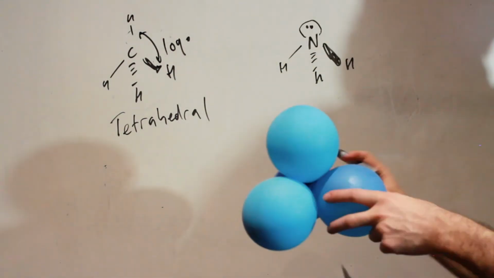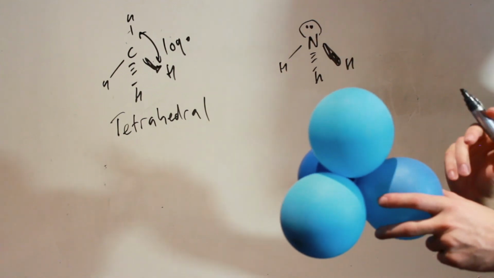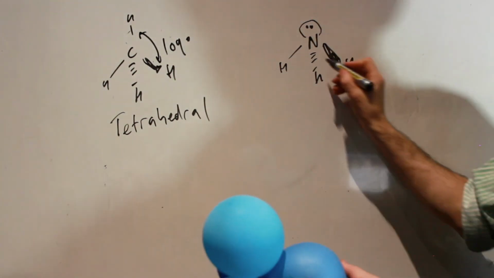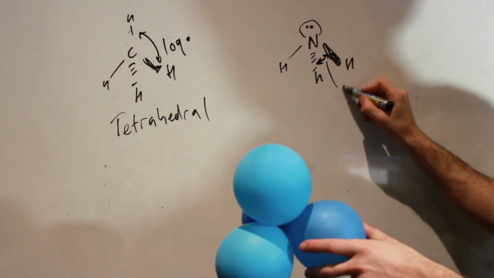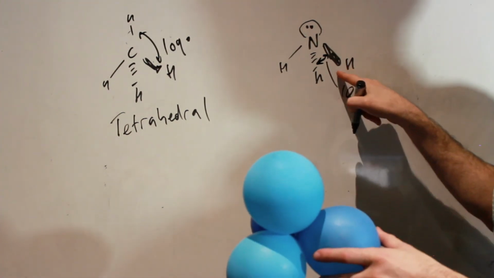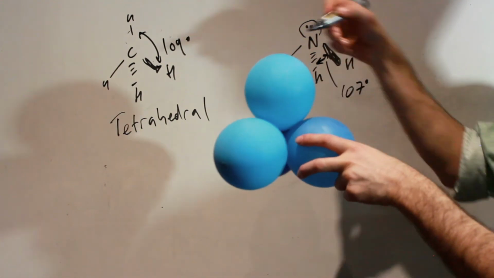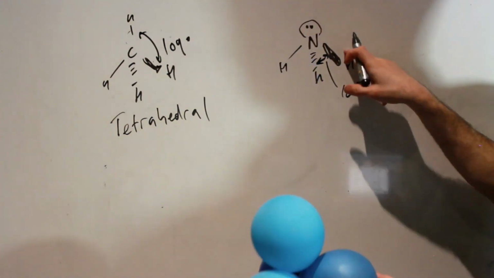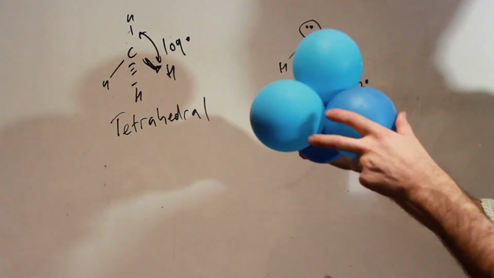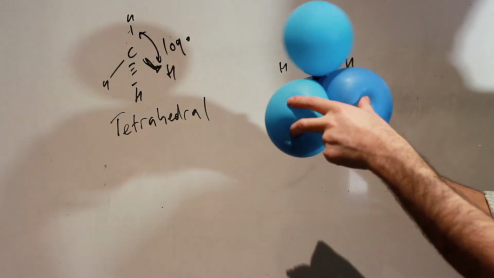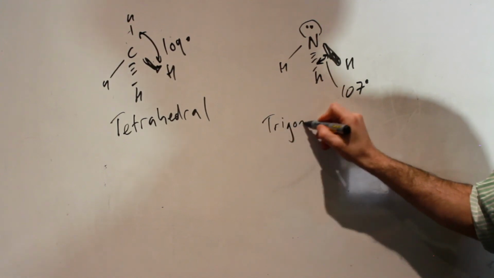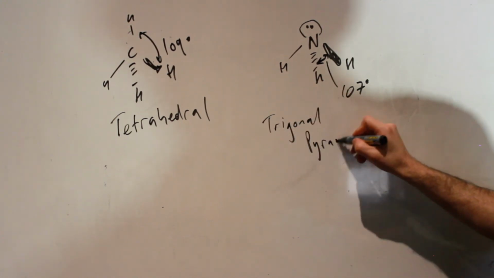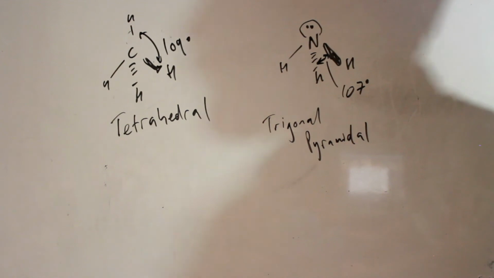So I can draw a bit of a cloud like that. So we get a bond angle in there of 107 degrees. So we have a smaller bond angle because the lone electron pair is pushing these other bonding pairs away from it even more, so they're even closer together. And this is our trigonal pyramidal. It kind of makes a pyramid.